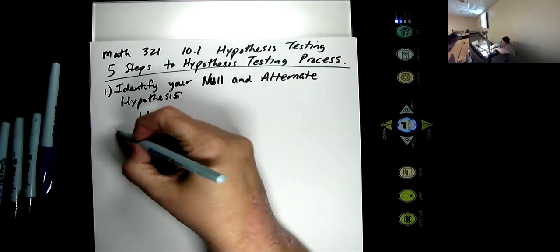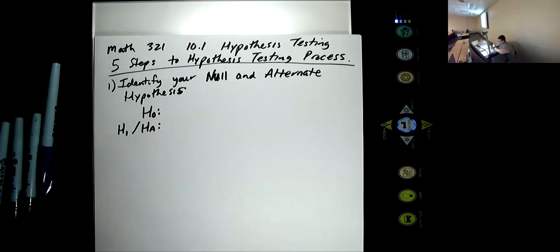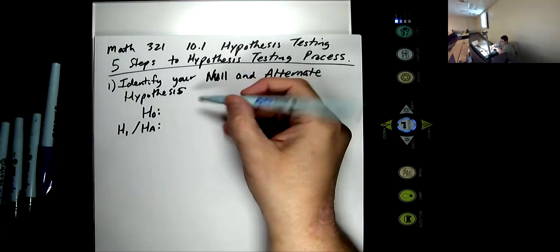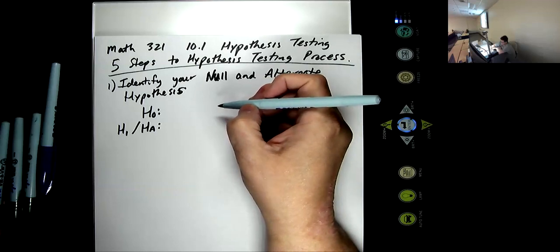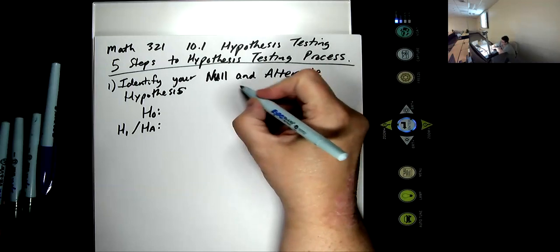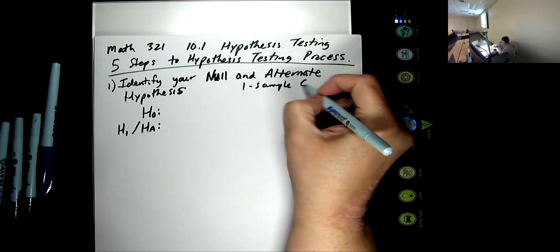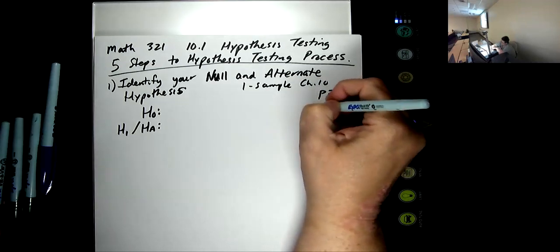The homework sometimes calls this H1. And it will be 2 things. In chapter 10, we're just doing one sample things. So we'll see things like probability equals or mu equals.